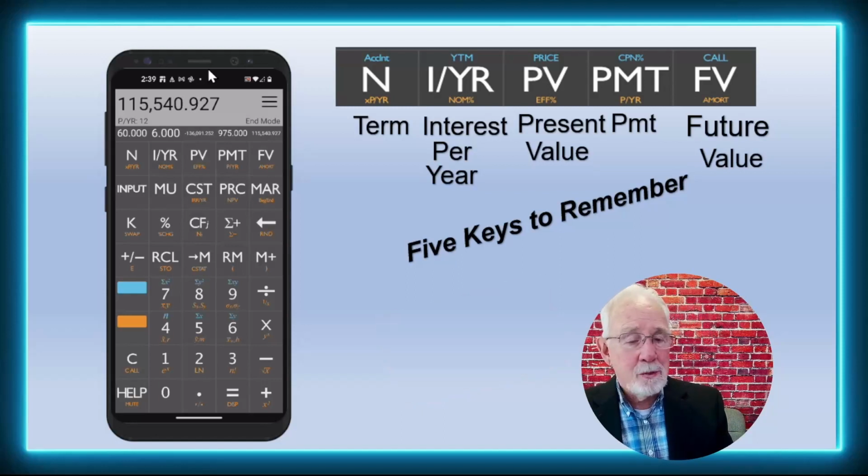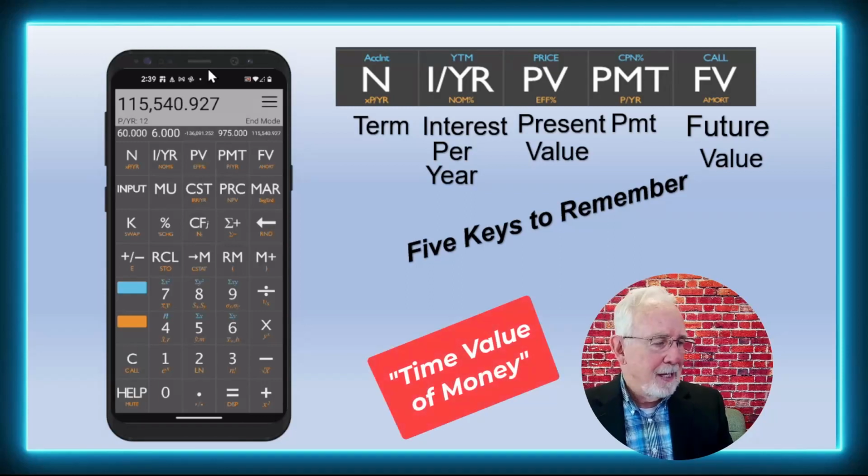And so it is quite a shock when people say, I've been paying for 10 years and I still owe that amount of money. How can that be? And so we'll just have to try to discuss the time value of money and how that works.